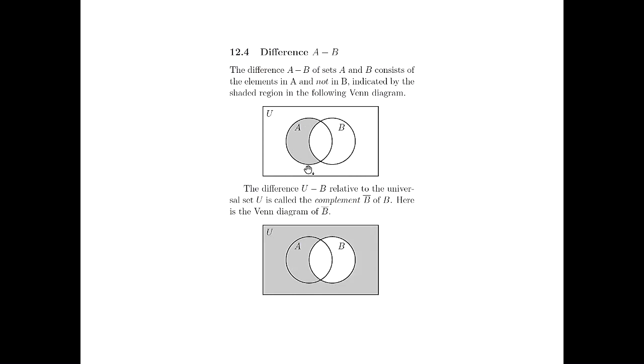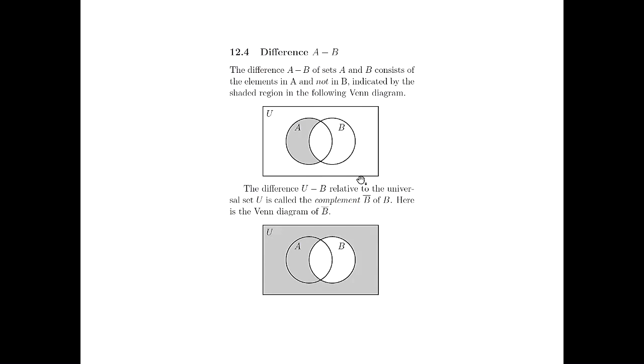So if we know that we are working in some universal set, and we need to know what that set is before defining a complement, but if we know we're working in the integers, say, then the universal set, the integers minus B, is called the complement of B. So for example, if U is the integers and B is the positive integers, then the complement of the positive integers is the negative integers and 0, right?